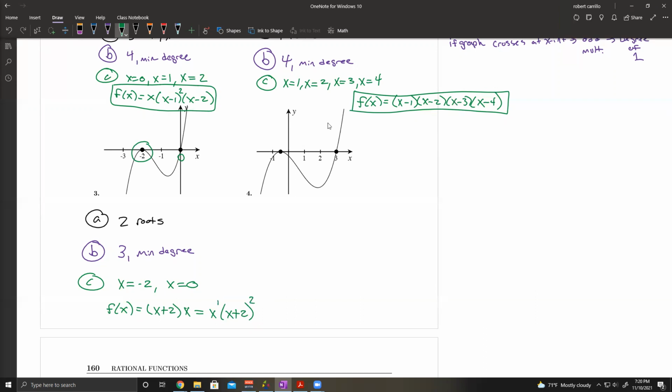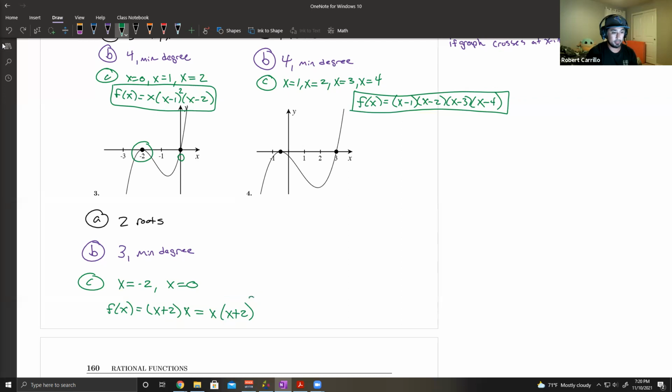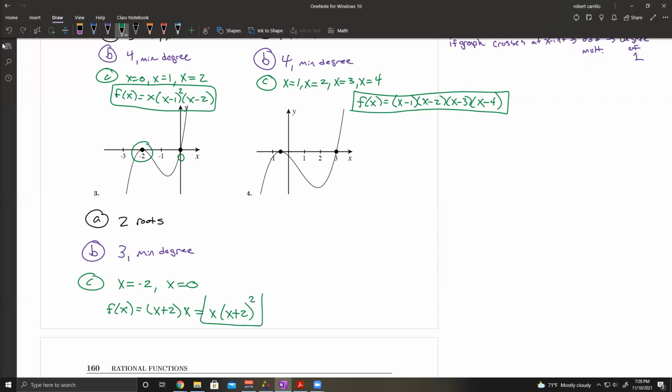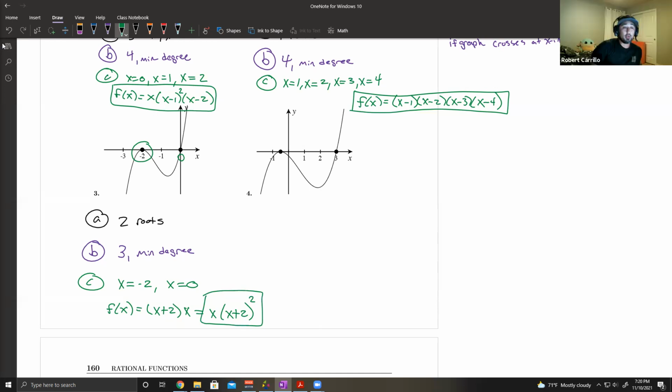When you're adding the degree, are you counting the 2, the -2, and the 0? The -2 and the 0 are your x-intercepts. So when I'm counting the degree, I'm counting where the graph either crosses or bounces.